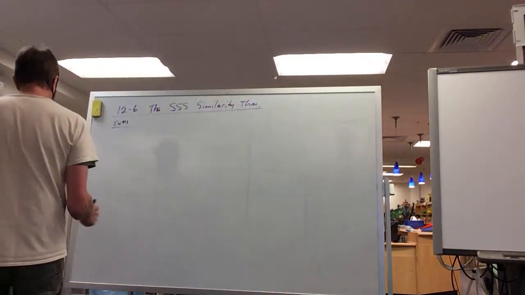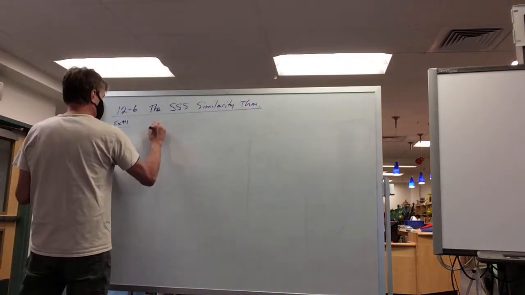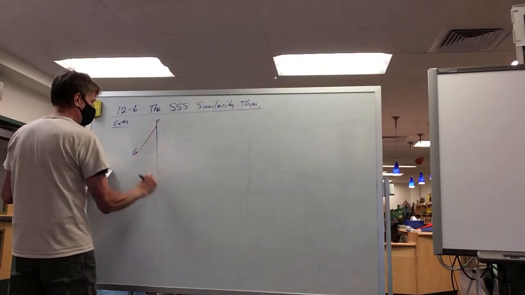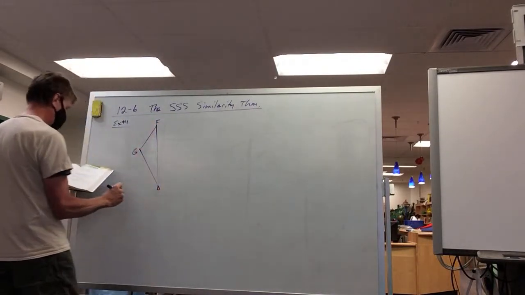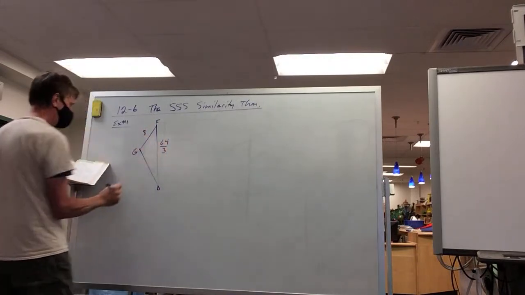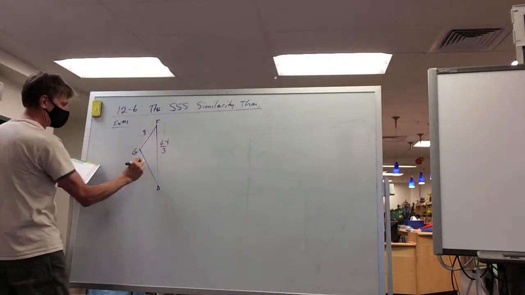But if we were to have a couple of triangles, so they give one here which is called G, and there's F and there's a D point, and they give some lengths. Of course, they have to make one of them a fraction to make it less than straightforward.